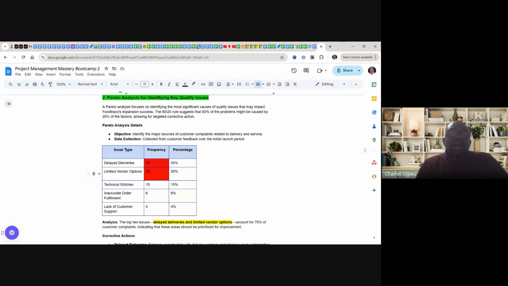And then another issue here is limited vendor options. Customers don't have enough vendors to choose from when they want to buy food, and it's a concern to them. They want a lot more vendors. So with this, we've captured some issues: 45 frequency, 30 frequency, and 45%, 30%.